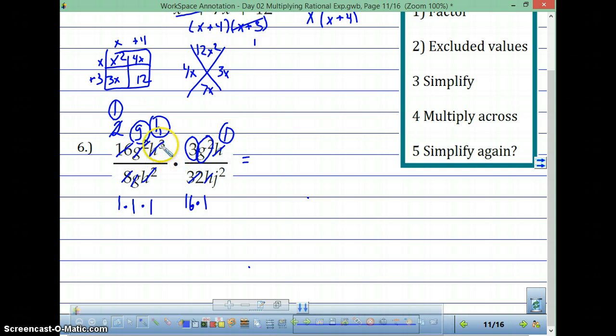Let's do the number first. 1 times 3 times 1 is just 3. G times g squared is g cubed times h. And in the denominator, 1 times 1 times 1 times 16 times 1. That's easy. 16. Do we need to simplify again? No, I think we got it all.